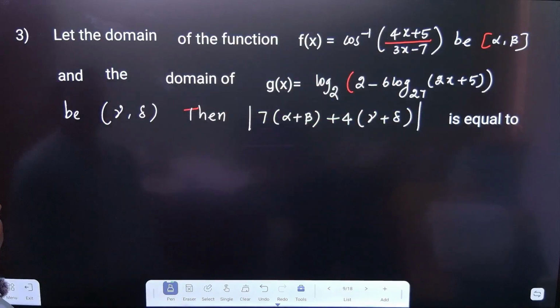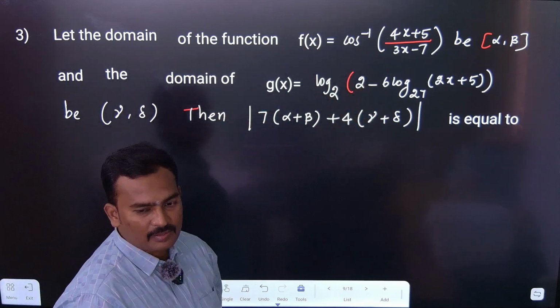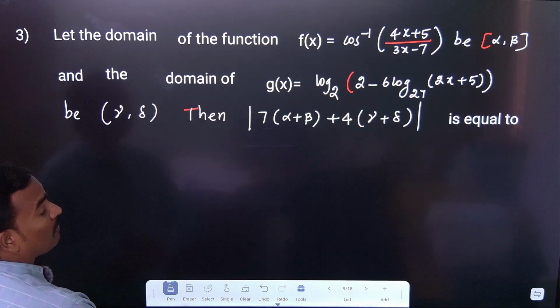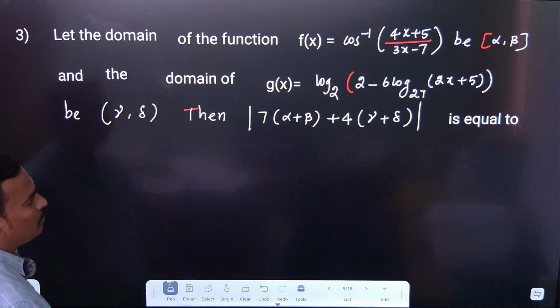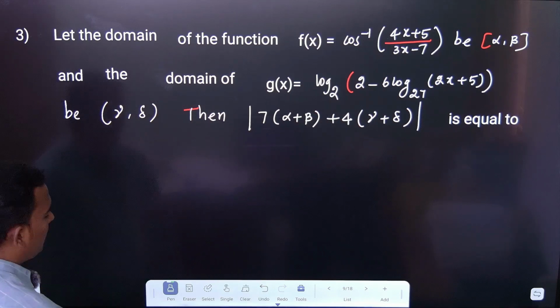You can see, student, that the domain of the function f is cos inverse of (4x plus 5) divided by (3x minus 7), which is in the form of alpha beta, and the domain of g of x is given to you this way. So we need to find this answer, right? How to find it?